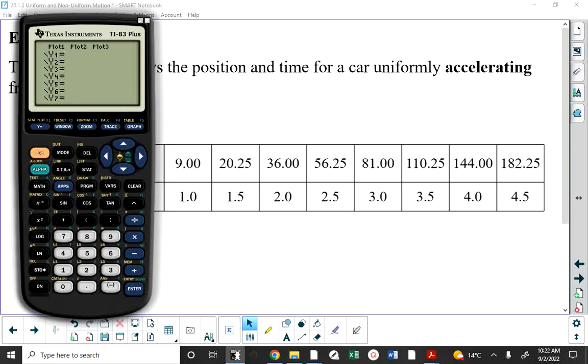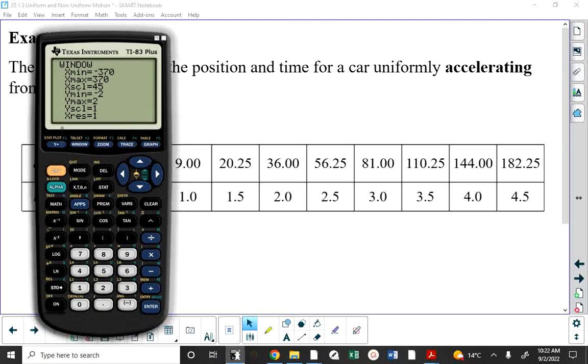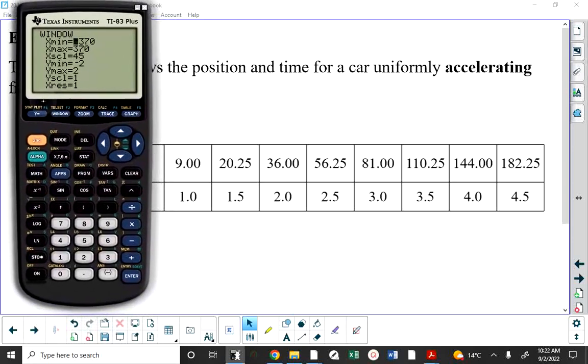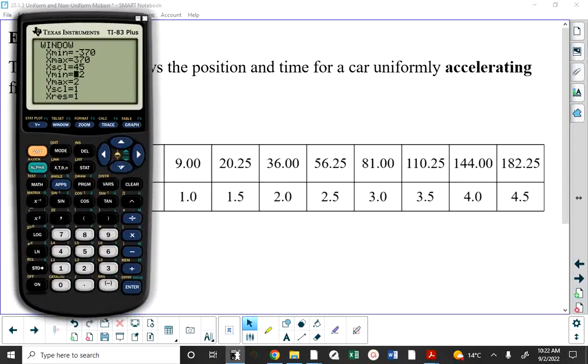We could turn our stat plot on, set up our window settings to show this data. D, which is on the y-axis, goes from 0 to about 200. And T, which is on the x-axis, goes from 0 to about 5. And we can look at the data.